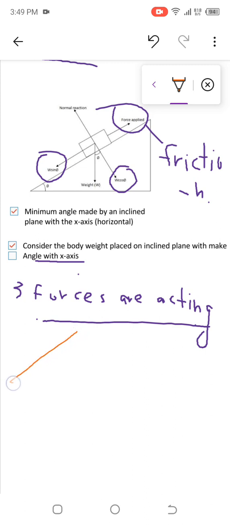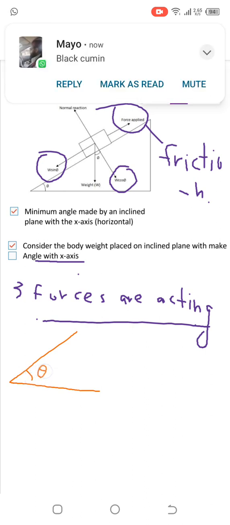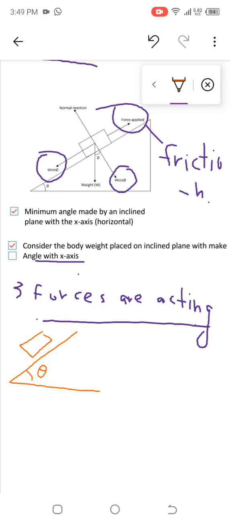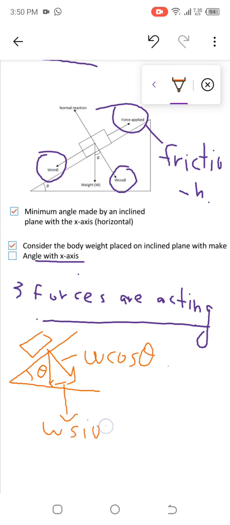Here I am marking the angle theta. This is the box placed here, and the weight makes an angle, giving W cos theta and W sin theta. These are the two components into which it is broken down.